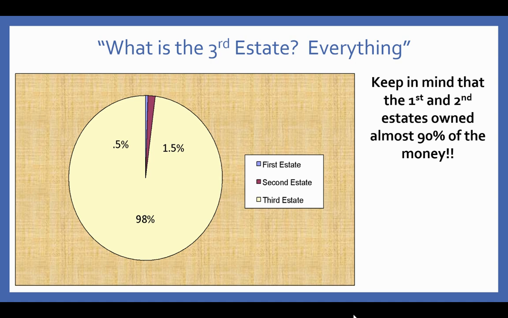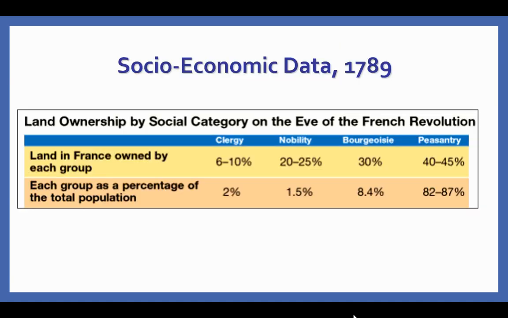Okay? So when you talk about the amount of wealth and the amount of population, essentially the first estate was 0.5% of the population. The second estate is 1.5% of the population. And in that 2% they owned pretty much 90% of the money in France, leaving 98% of the population to divide the remaining 10% amongst themselves.